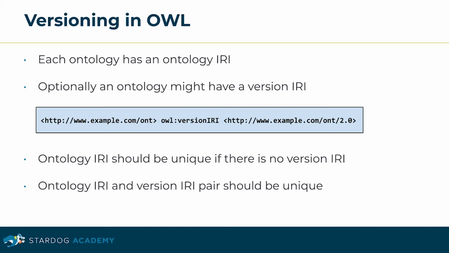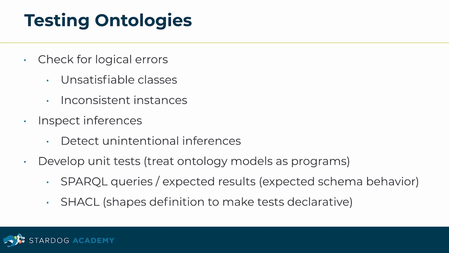In cases where the ontology IRI is unique, then we can go with that without necessarily having a version IRI. In cases where we have both an ontology IRI and a version IRI, we should make sure this pair is unique. So what is important is the uniqueness of the IRI and the version together.